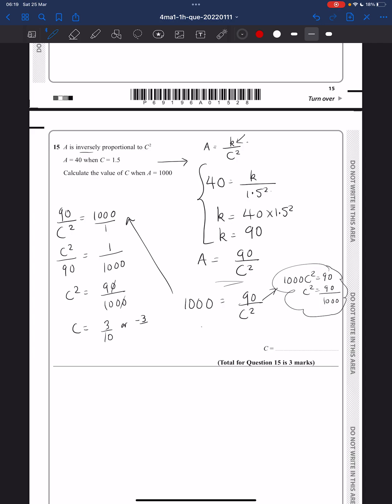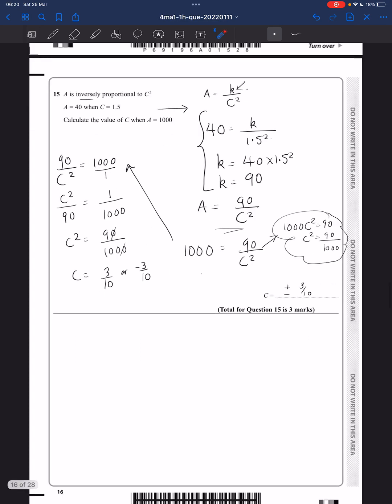Or minus 3 over 10. Plus or minus 3 over 10. That's because when you square minus 3 over 10, it'll still be 9 over 100. Okay.